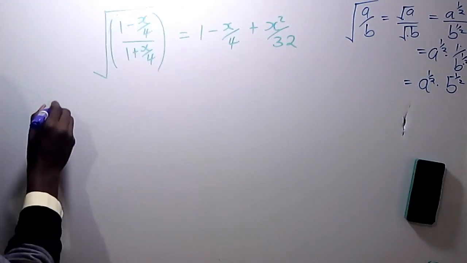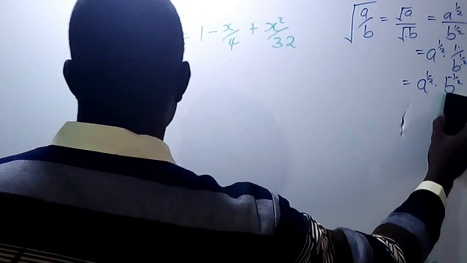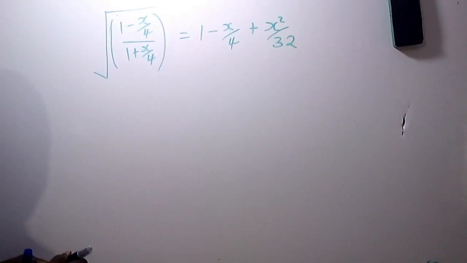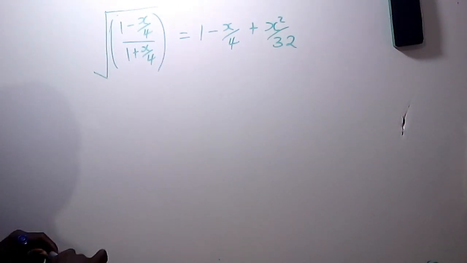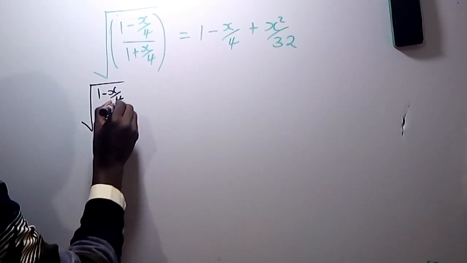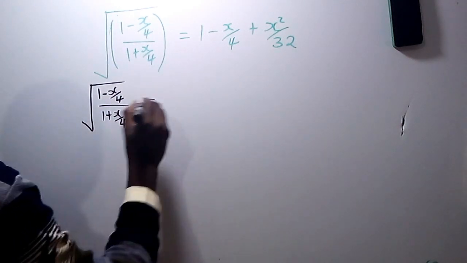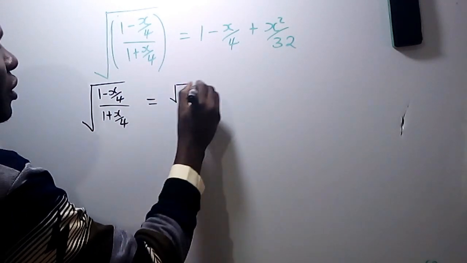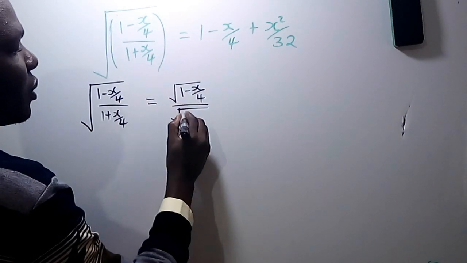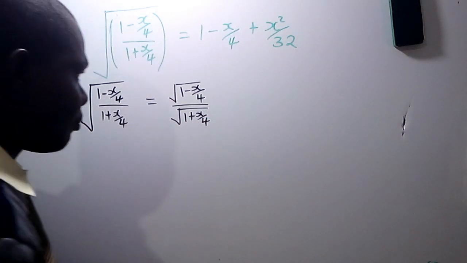So in this case, the square root of 1 minus x over 4 over 1 plus x over 4 is the same as root 1 minus x over 4 over root 1 plus x over 4.